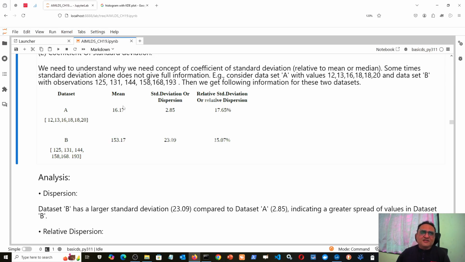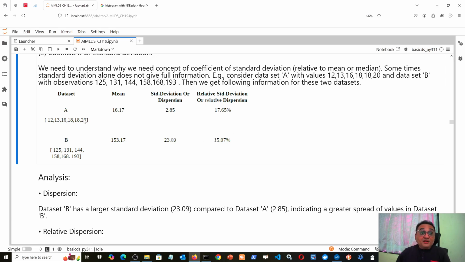Now I find the standard deviation. How to find it? First you have to find the variance. Each observation minus the mean: 12 minus this, 13 minus this, 16, 18, again 18, and 20 minus this, and then square that. So sigma of (xi minus x bar, or mu) whole square, the sum of those squares, is the numerator, divided by the number of observations minus 1, because we are talking about a sample.